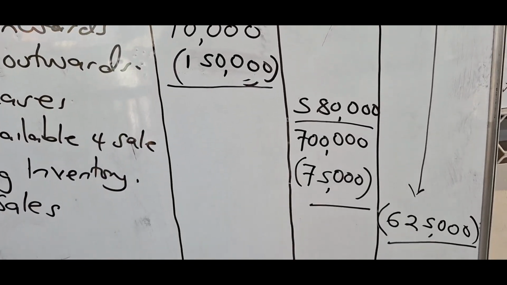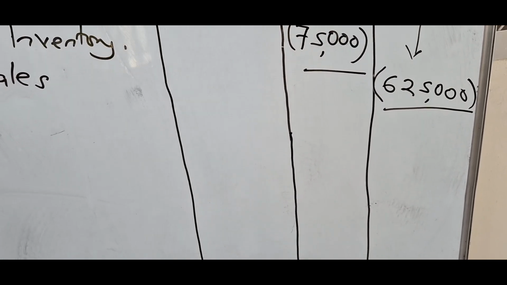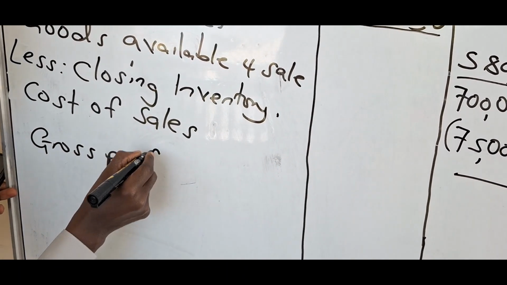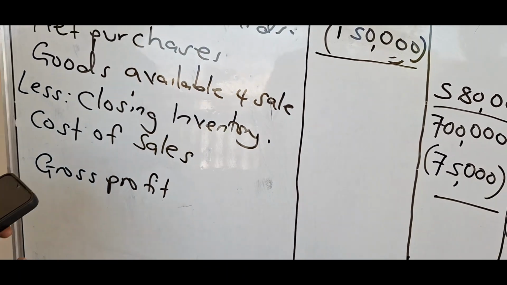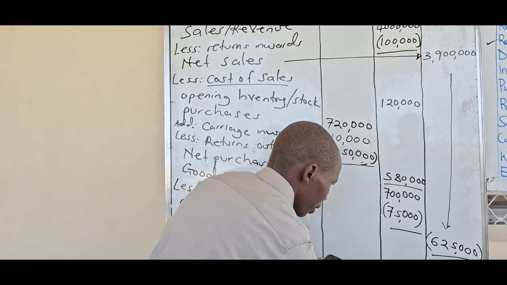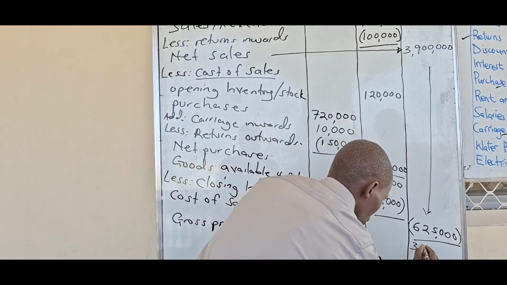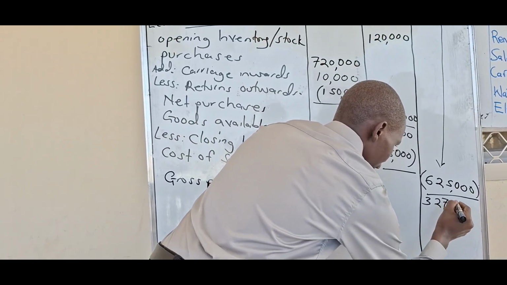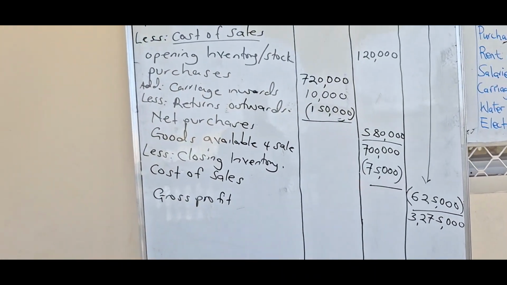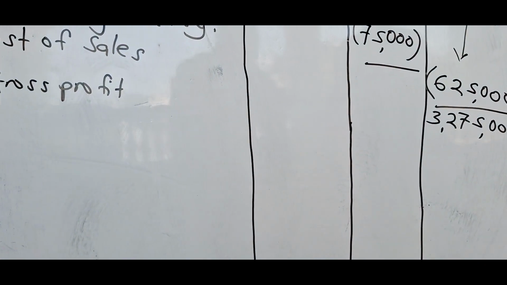When you subtract 6,250,000, you get what we call gross profit, which is net sales minus cost of sales, 3,275,000. That is our gross profit.